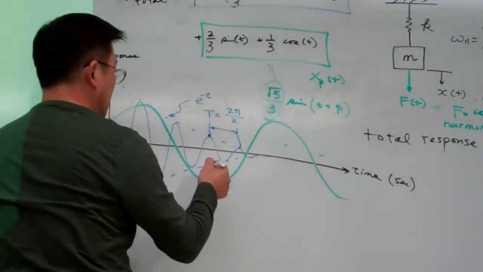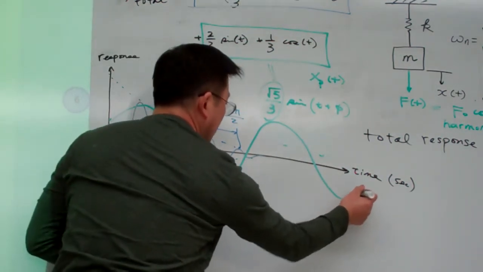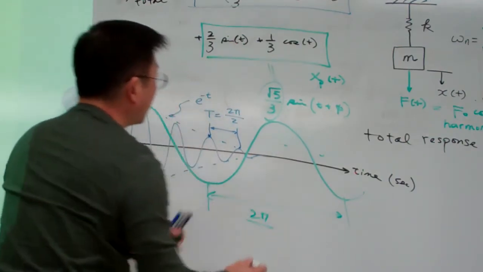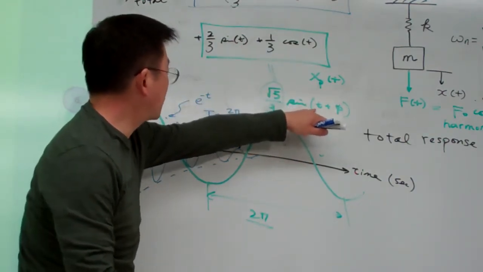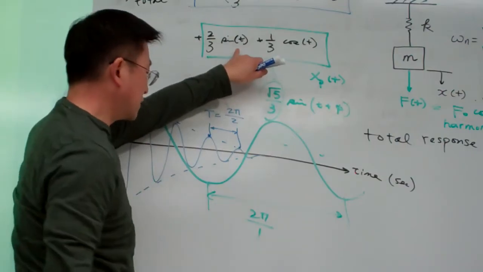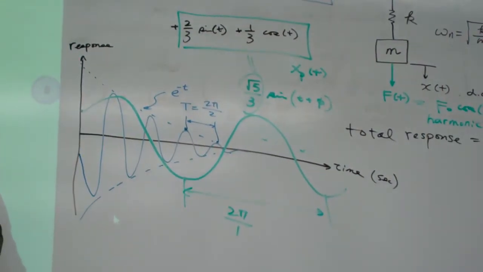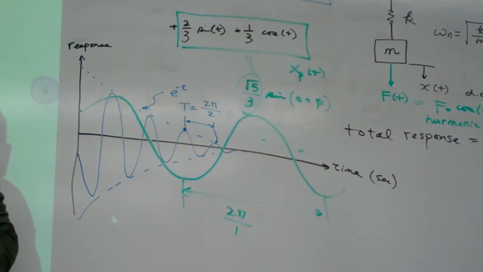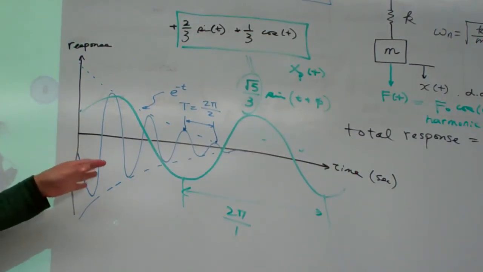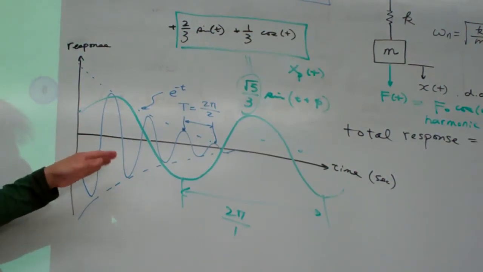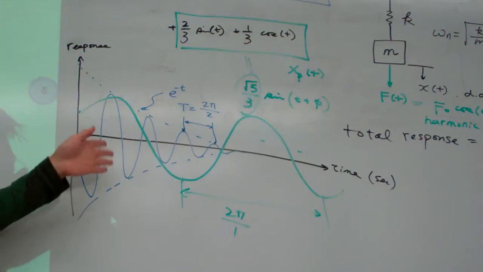So that means from here, the period equals 2 pi divided by its frequency, which is 1. So basically, the period is double that of the homogeneous solution. Okay, when we want to draw it, the total response can be, numerically, point-wise, the summation of the two curves at the particular positions.